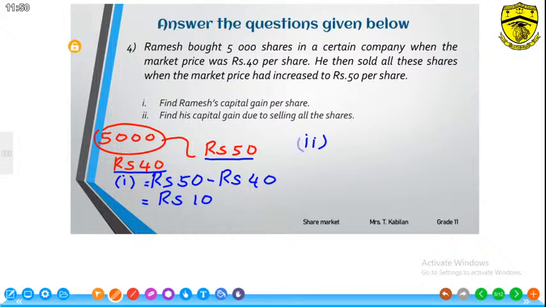Find his capital gain due to selling all these shares. Here the question says Ramesh bought 5,000 shares and sold all 5,000. So what is the capital gain due to the selling amount?